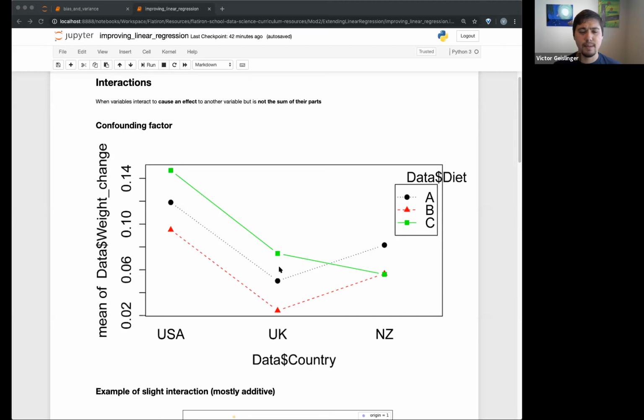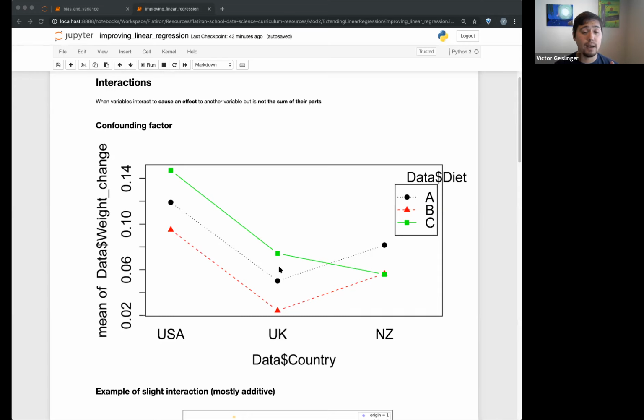Now, this is a really simple example, but we can get very complicated with more continuous variables. But the point is that there is something different about this factor of what country it is that affects the weight change in diet. Make sense? Okay. This is actually really important too, because when you're looking at your variables or your analysis, if we pulled everyone together, USA, UK, and New Zealand all together, and didn't specify who is from which country, we can actually get a different effect, right?